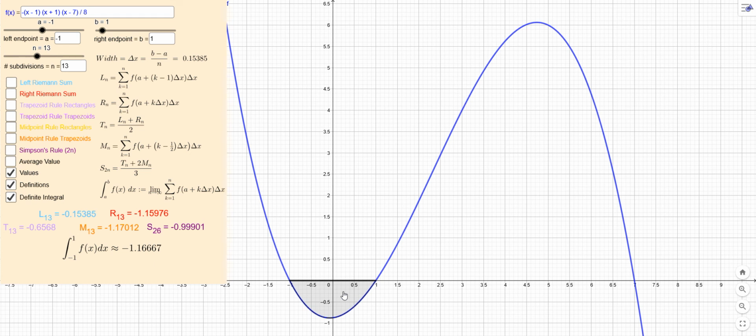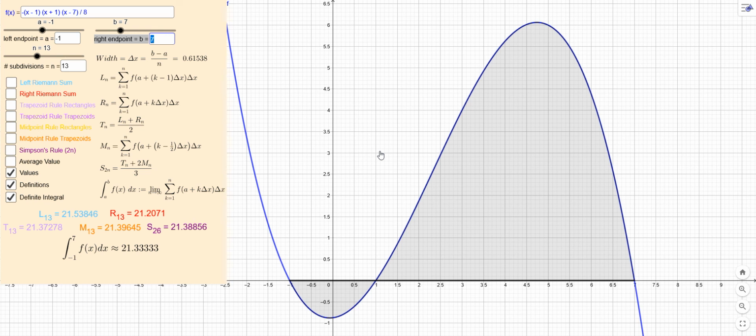You get a negative number. And so you have to be a little careful of that. So for example, if we go from -1 to 7, then what you're going to end up with for the integral is actually this area here above the x-axis minus this area below. So what the integral actually gives you is a net signed area.